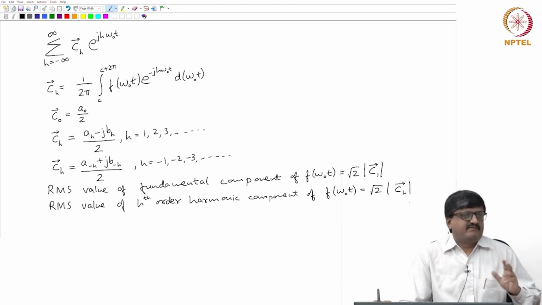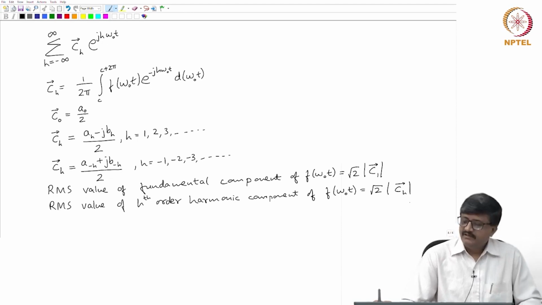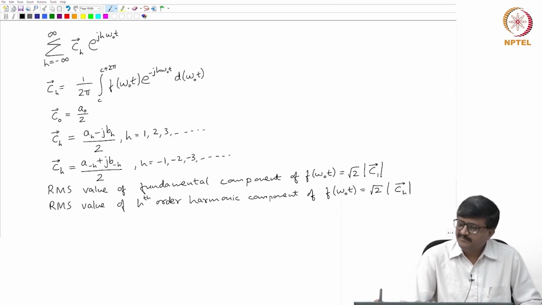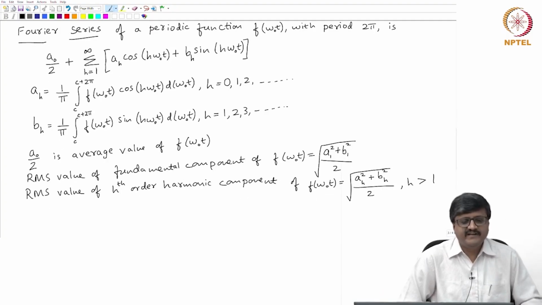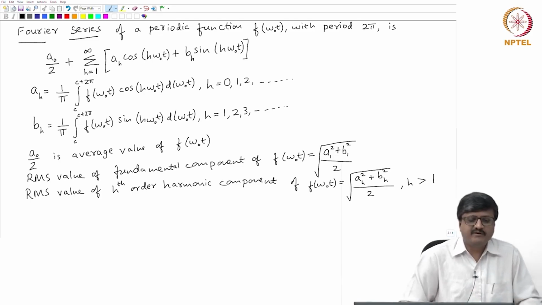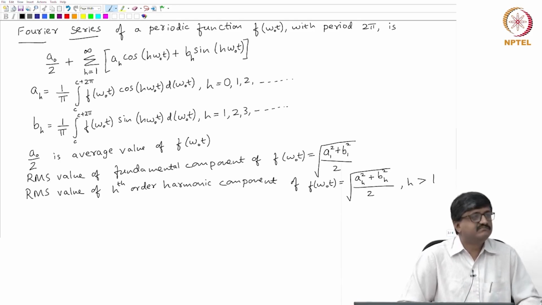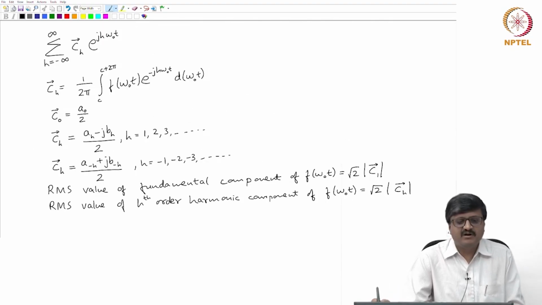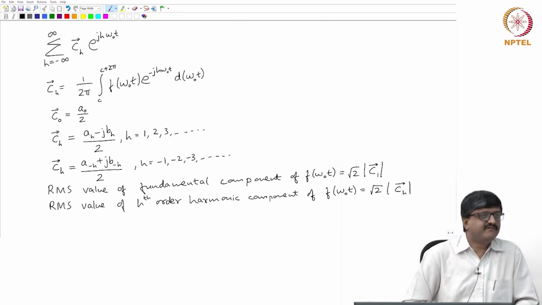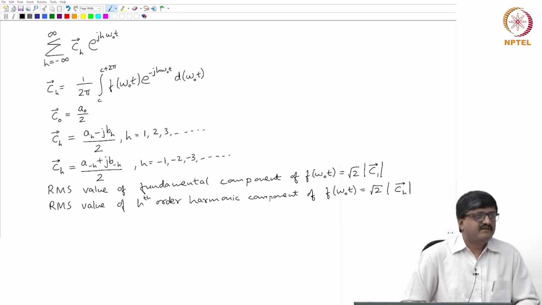So, I can use either the trigonometric Fourier series or the exponential Fourier series, but if you observe, both involve taking the integral over one full period, that is 2 pi radian, whether it is AH, BH or CH. Many times the waveforms are so complicated that the longer the duration for which you have to integrate, the more laborious it is.